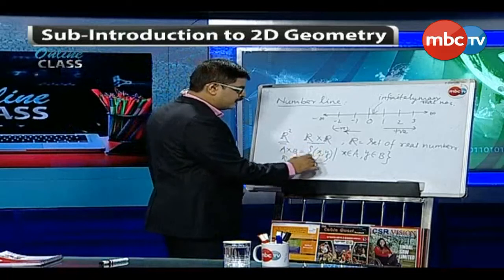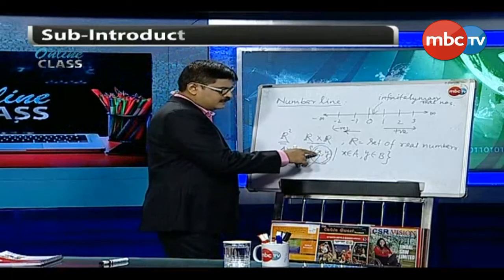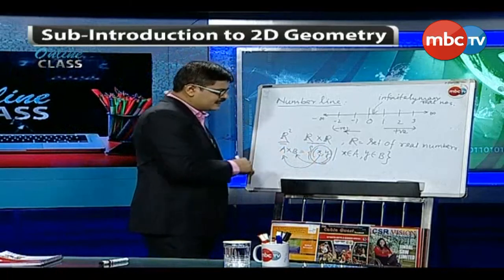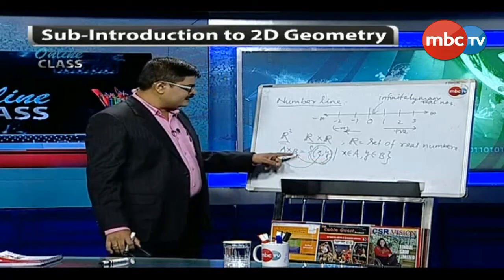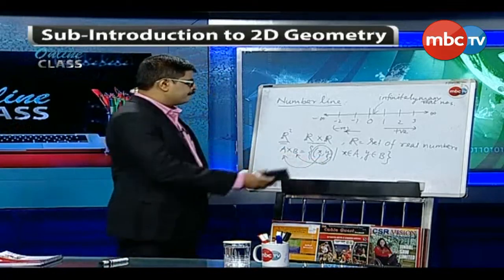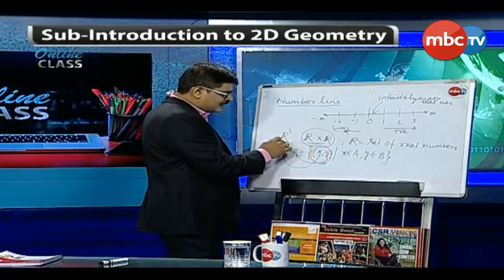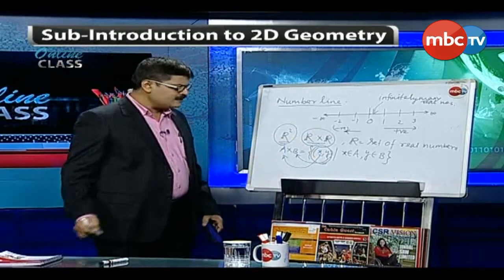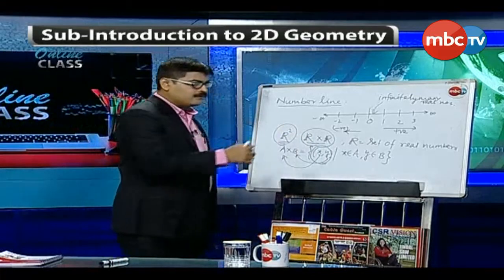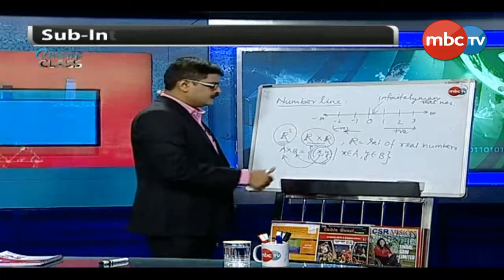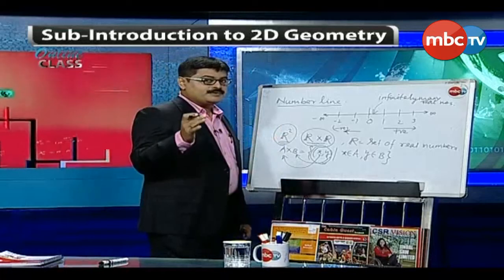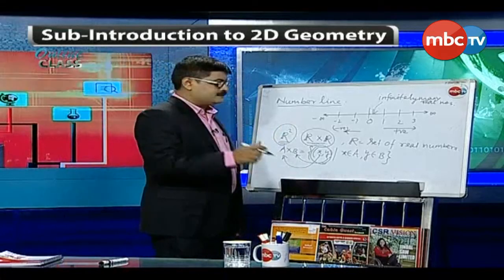What do we mean by ordered pair? By order we mean that the first element is present in the first set and the second element is present in the second set. Likewise, in R cross R, or in R square, the points will be in the form of ordered pairs, and there are infinitely many such ordered pairs.